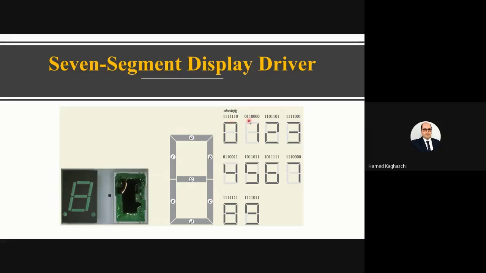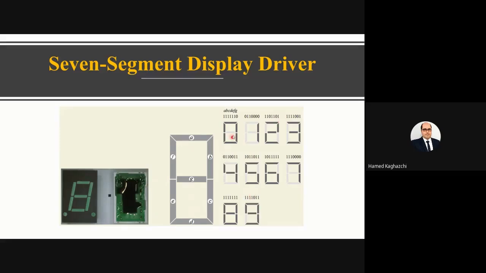For the B and C, I write 1. Other LEDs will be 0. In the same way, for 2, I look at here, A, B, G, E, and D will be 1.